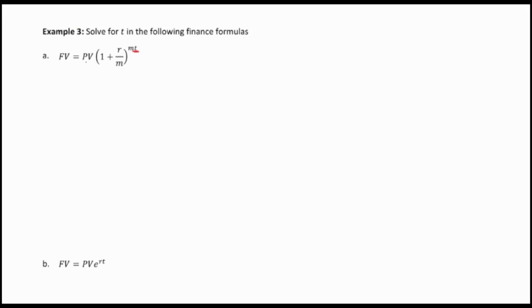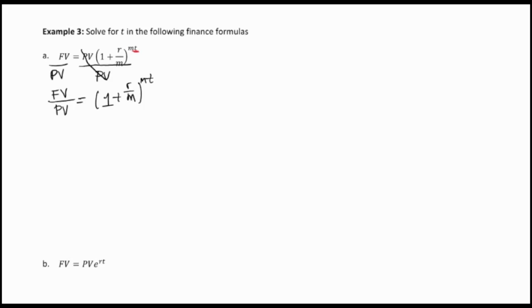Here, PV is multiplying this part, so we divide both sides by PV. You will learn the meaning of this in the next section. So this cancels, and I have FV over PV equals 1 plus r over m to the mt.